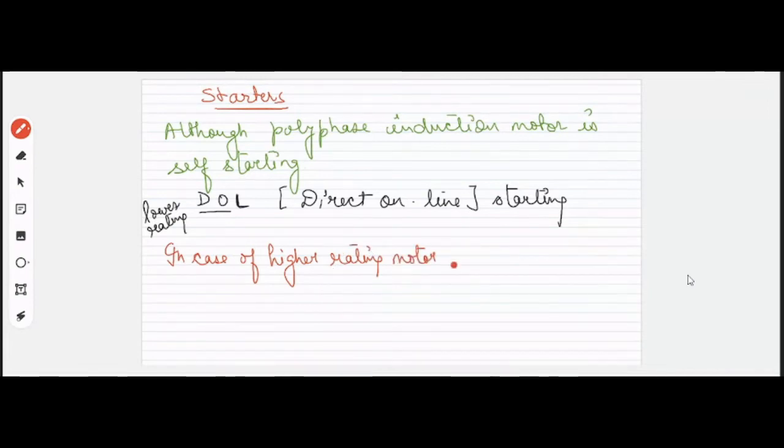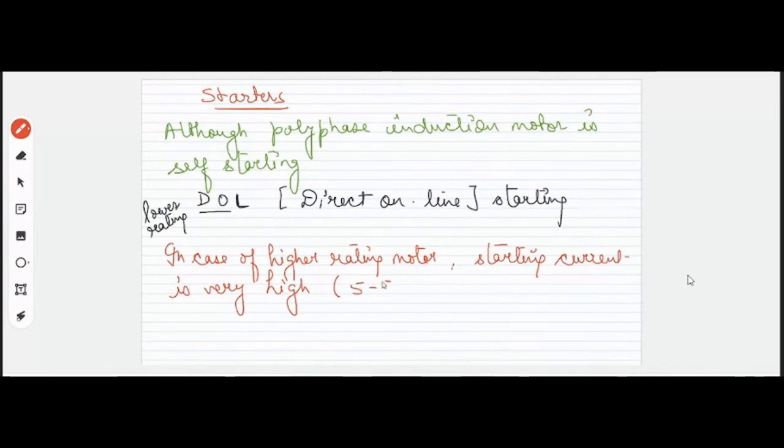The starting current is very high, around 5 to 7 times the rated current.